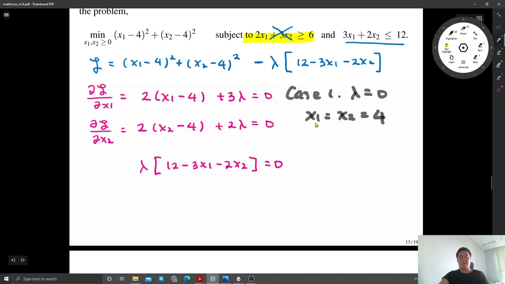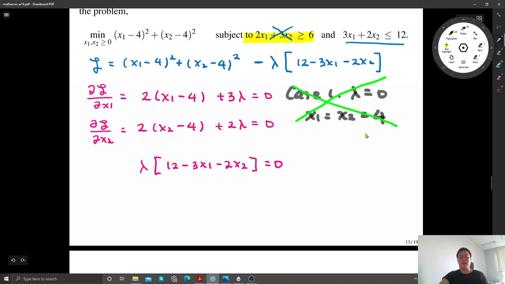But if both x1 and x2 are equal to 4, going back to the second condition, we have to check whether this constraint is satisfied. Now 12 plus 8, that does exceed 12, so that constraint will be violated. So we rule out case 1.